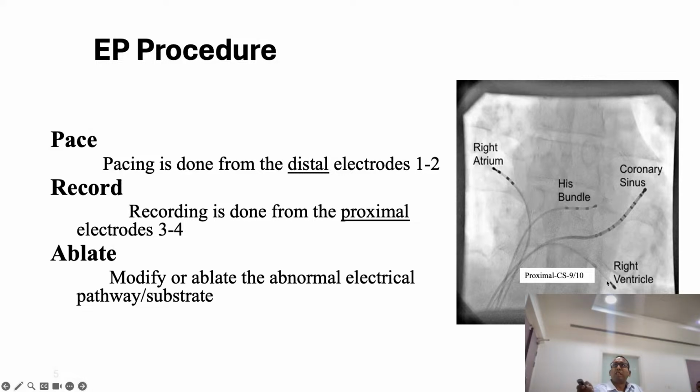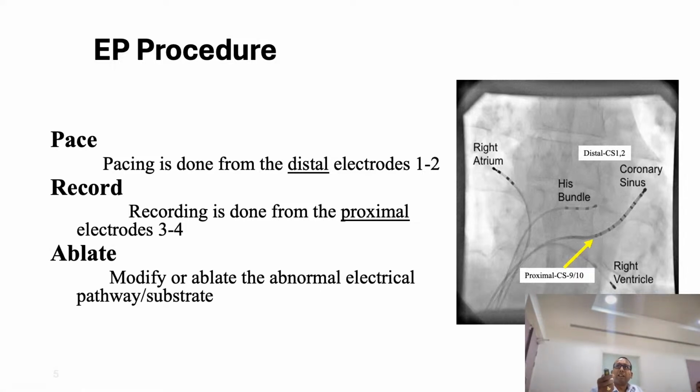This is a distal, and this is a proximal part, and it is in all the leads we have to see the same. So proximal usually is labeled as 9 and 10. Proximal means first, and distal means late. But when we are using the nomenclature in the EGMs, there is something different.